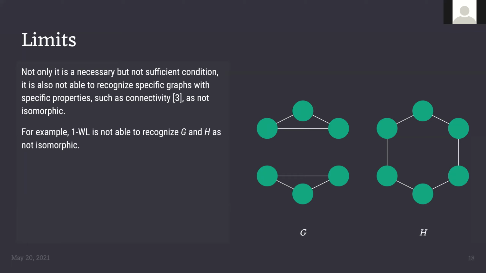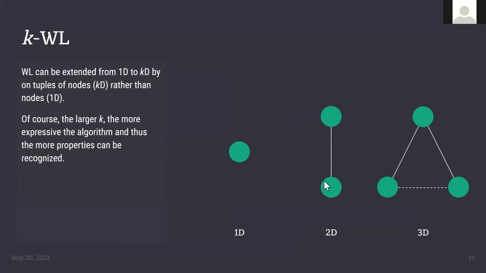So for example, you see here that we have two graphs, G and H, and with the traditional version of the algorithm, you're going to end up with the same fingerprint from these two graphs, even though they are evidently not the same, since one of them is not connected.